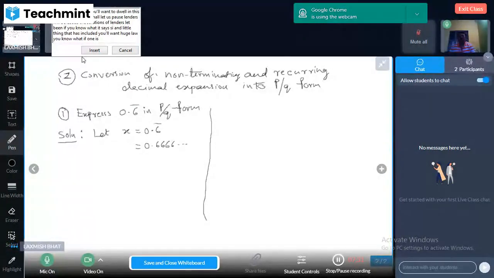Take it as equation number 1. As only one digit is recurring here, we have to multiply both sides of equation 1 by 10.